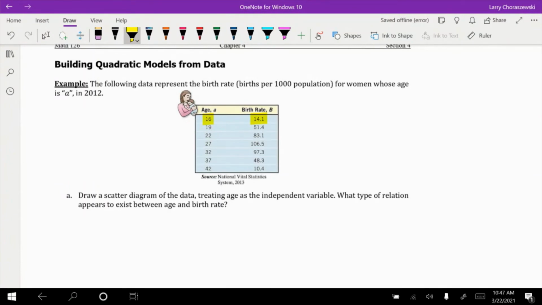There are a lot of reasons why that might be, but I'm going to leave the speculation out and just illustrate how we can create this table in our graphing calculator and then look at something called the scatter diagram, which is basically a plot of these points. We can also use the graphing calculator to help us construct a quadratic function that would best model this data.